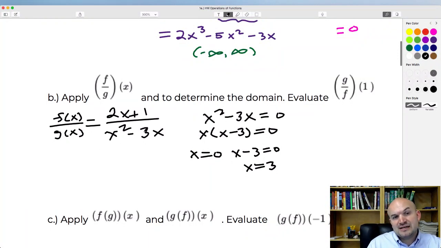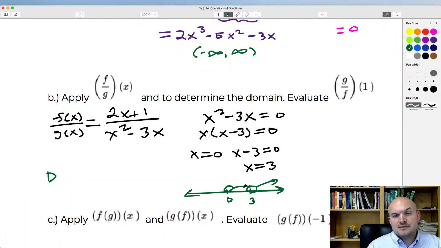So if I wanted to identify the domain here, I'll use green. So the domain in this case is going to be all real numbers except for 0 and 3. So if we looked at a number line real quick, 0 and 3 are the only values that are not in the domain.